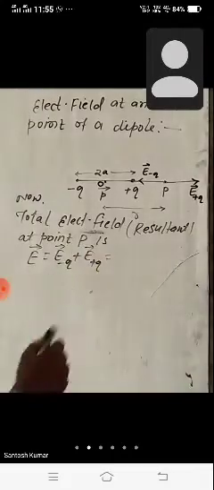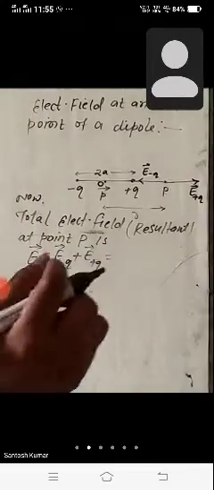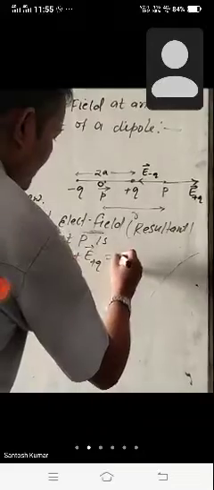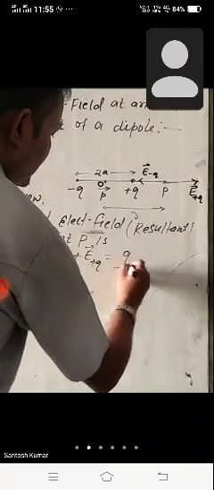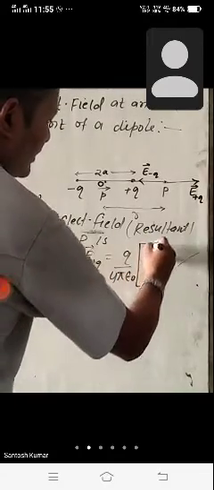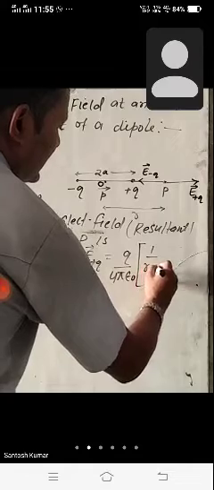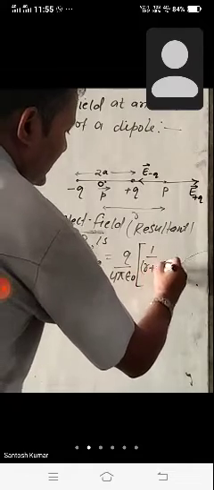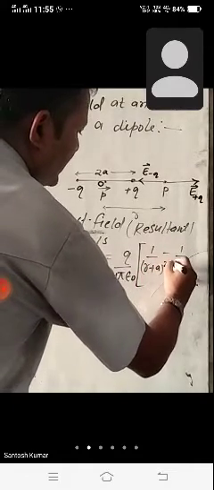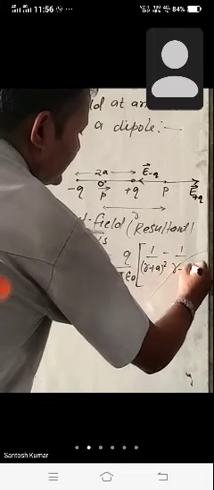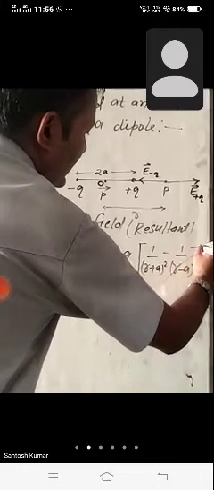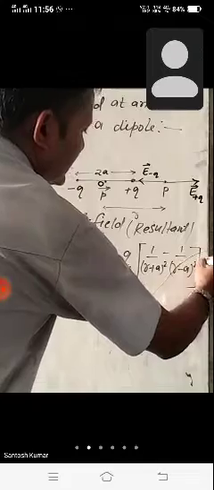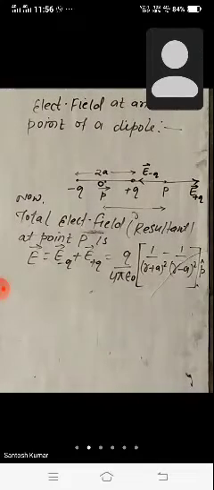There was only a difference in the sign, so you can write Q divided by 4 pi epsilon naught, times 1 by (r plus a) square minus 1 by (r minus a) square, in the unit vector direction. Just see, is it right or wrong?